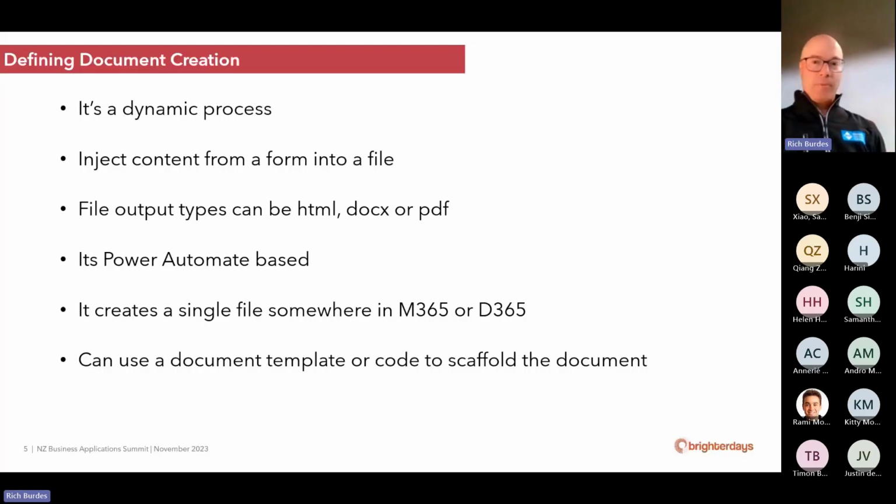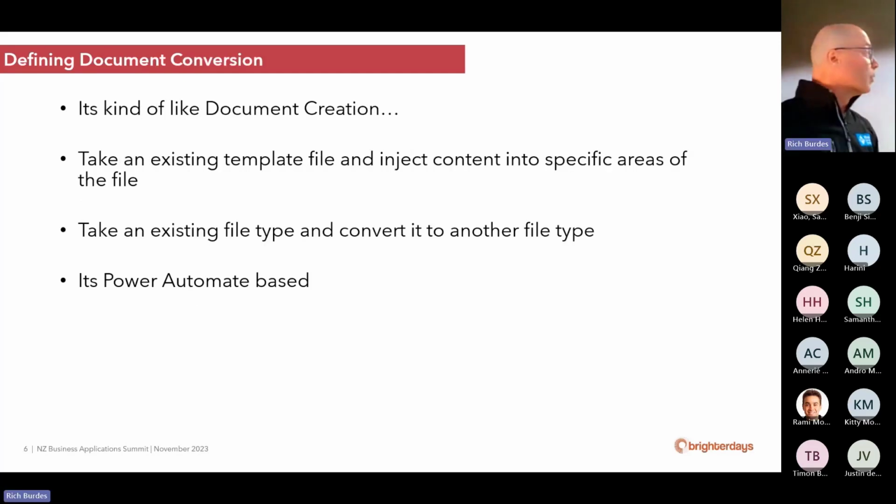So we've got document creation, which is making the file, and then document conversion. Conversion and creation are almost the same thing, but you need to know that different Power Automate applications are tagged as either creation or conversion. With conversion, you may already have a file as HTML and you turn it into a PDF.